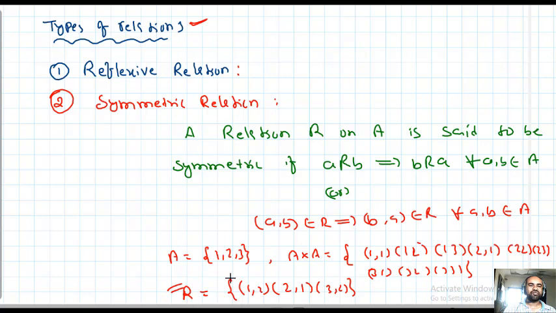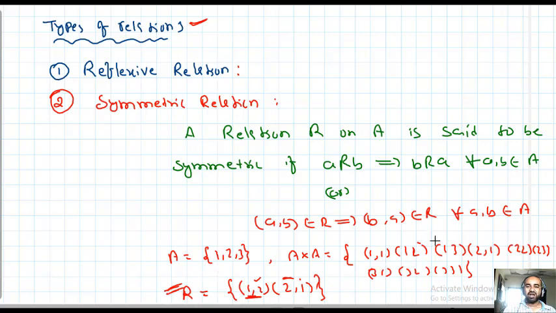Now checking for symmetric. How to check symmetric? (1,2) is there, so (2,1) should be there. Next, (2,1) is there, so its reverse (1,2) should be there. Then (3,2) is there, so (2,3) should be there, but it is not there. So the given relation is not symmetric. If (2,3) were not given, and only (1,2) and (2,1) were given, then its reverse is also there, so it would be a symmetric relation.